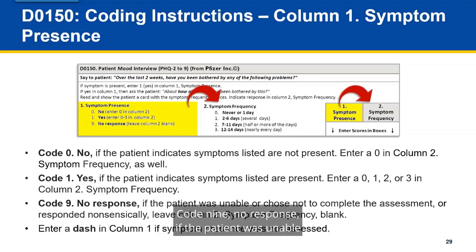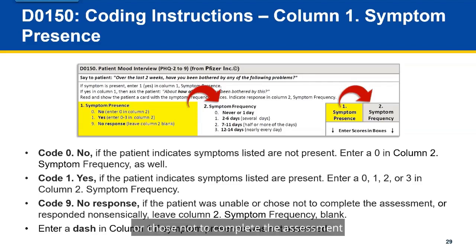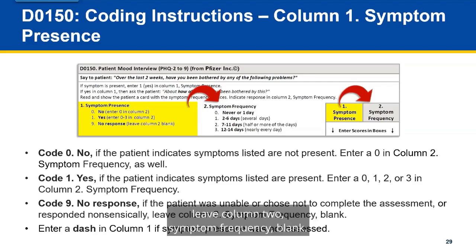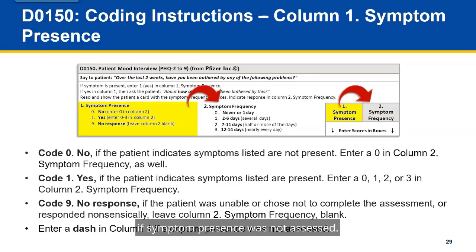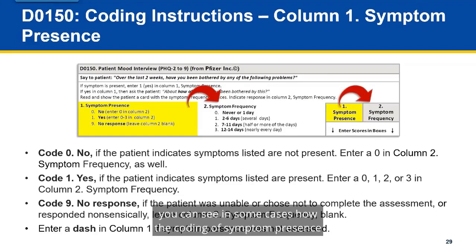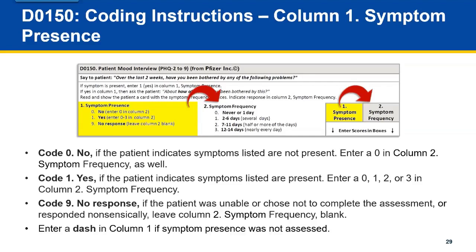Code 9, no response, if the patient was unable or chose not to complete the assessment or responded nonsensically. Leave column 2, symptom frequency blank. Enter a dash in column 1 if symptom presence was not assessed. So in these coding instructions, you can see in some cases how the coding of symptom presence can define how symptom frequency is coded as well.